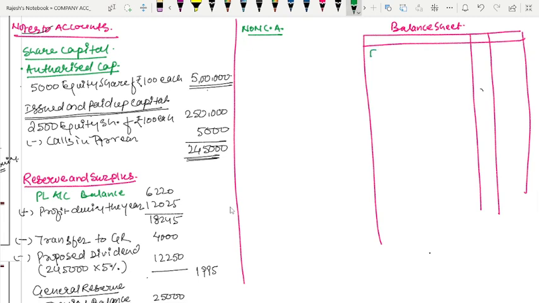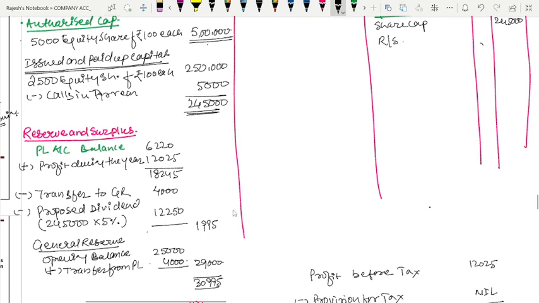First we write down the items, equity and liabilities. Share capital 2,45,000. Reserve and surplus. This total is 30,995.